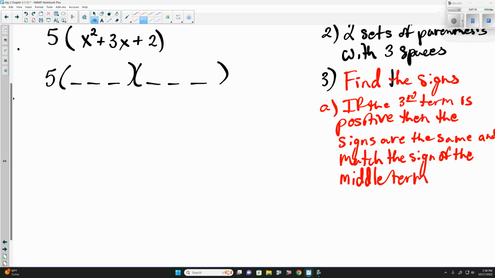We can go and put the other part. If the third term is negative, then the signs are opposite.